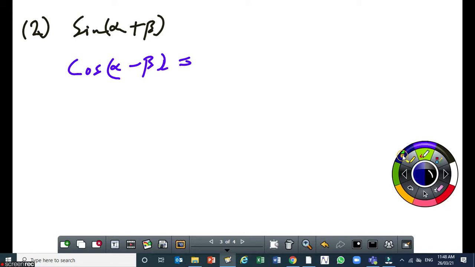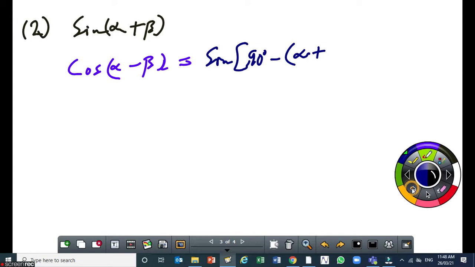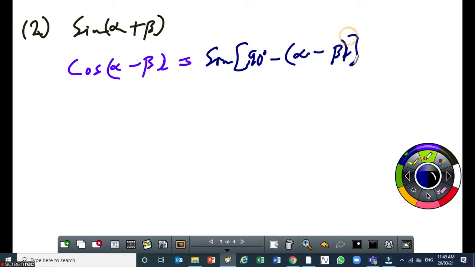So the right hand side is going to be sine, open bracket, 90 minus alpha plus beta. In actual fact, it will be alpha minus beta, because we are using the first one to do the derivation.